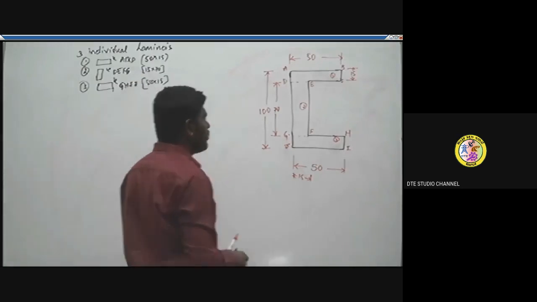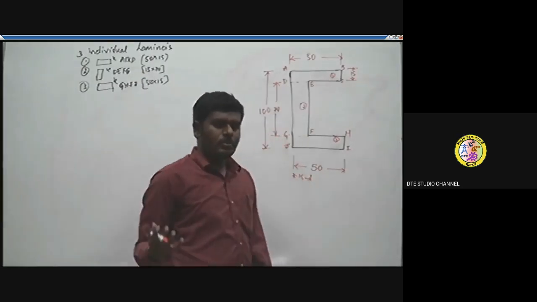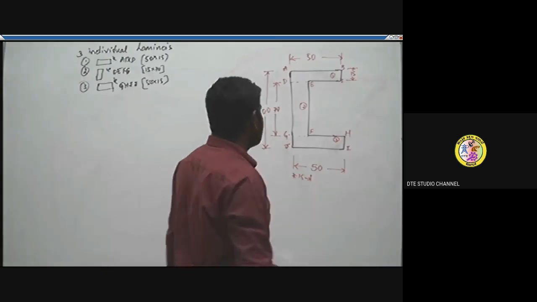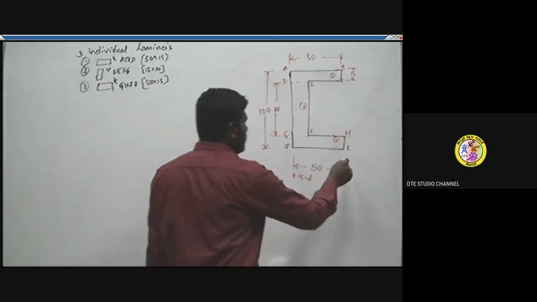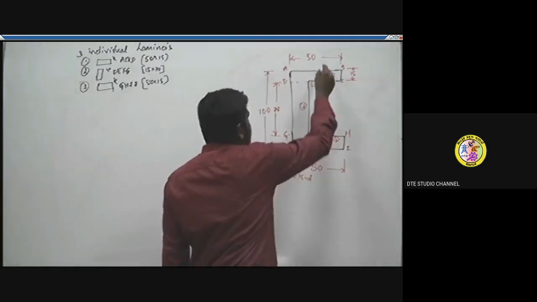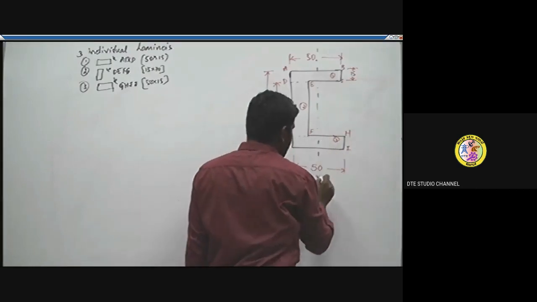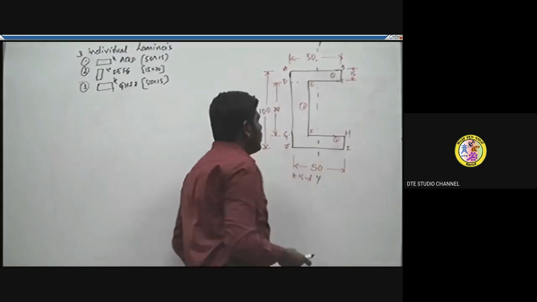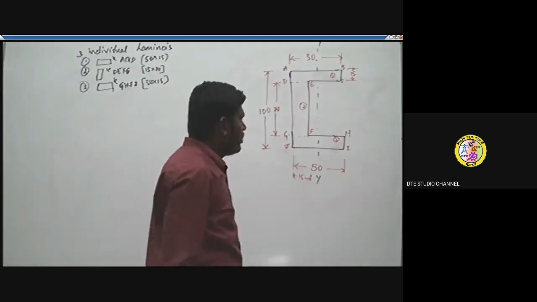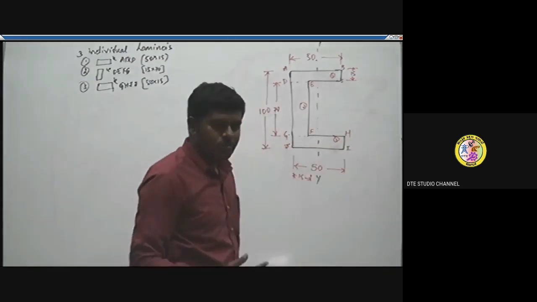Then we have to check the axis of symmetry of this plane lamina, whether it is symmetrical to the x-axis or the y-y axis. Let's divide it at its midpoint, that is, 50 is there, so I'm dividing it at a 25 mm distance, like this. This I call y-y. As you observe, is this axis dividing the area into two equal parts?